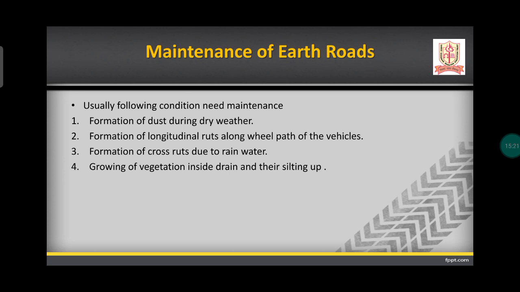So all these defects can form in an earthen road, and we can prevent them by clearing the vegetation which has grown on it, or by resurfacing the whole road. Resurfacing means we have to remove the existing surface and place a new surface over it. So this is all about the maintenance of the road.